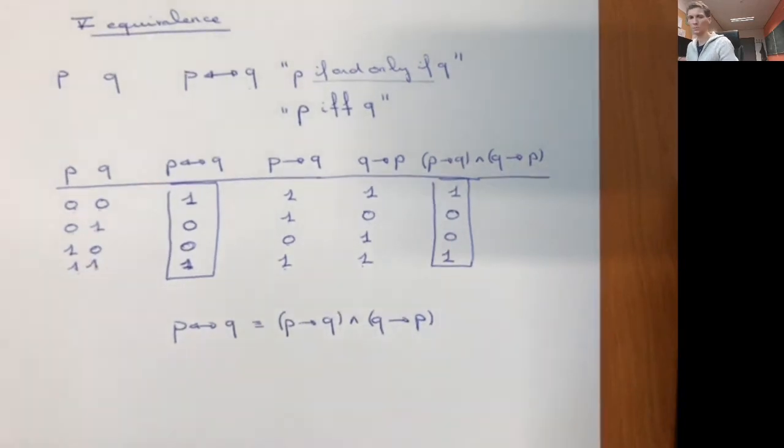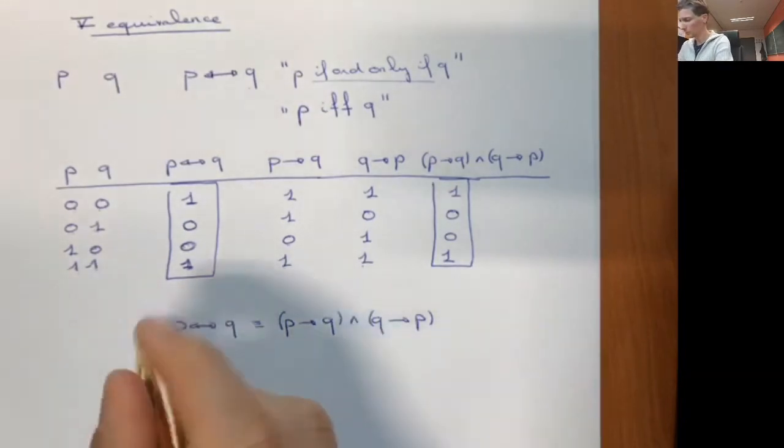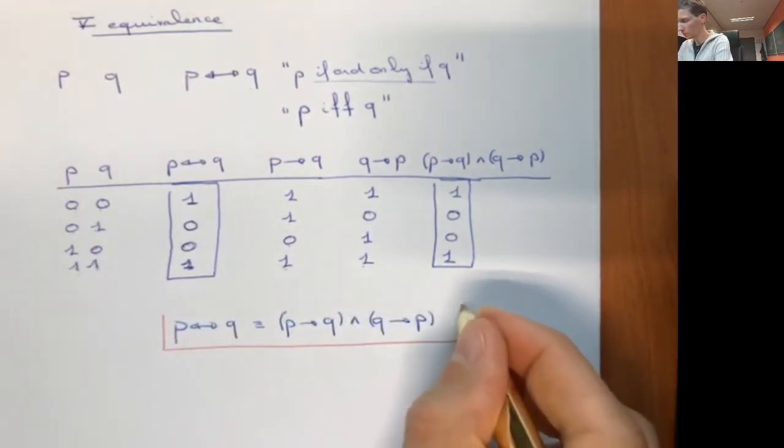Okay, so this is how many times it goes when you want to prove a theorem that says something if and only if something else, then you show that the first thing implies the second thing and the second thing implies the first thing, and then you have shown the equivalence between the two. So let me also put this into a box.